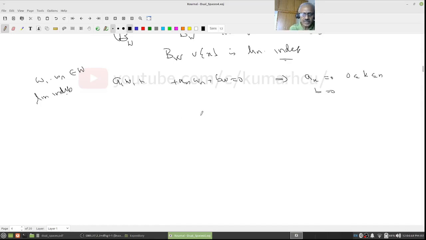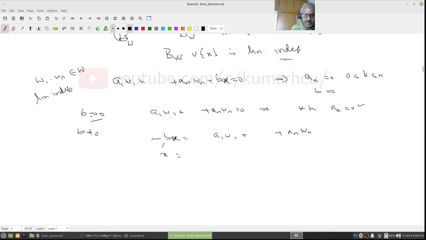Why is that true? If b is 0, then a1 w1 plus ... plus an wn is 0, and since these are all linearly independent, that means for every k, a_k is 0. If b is not 0, then that means minus b x is a1 w1 plus ... plus an wn.